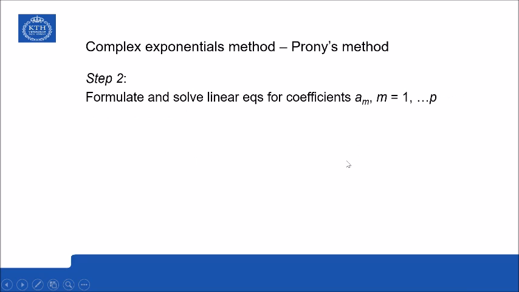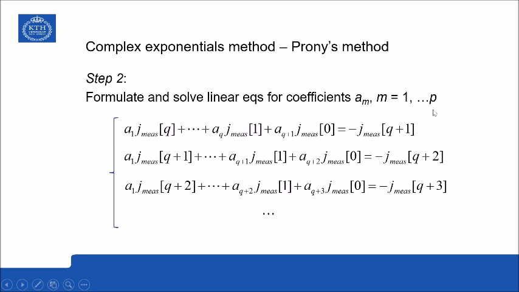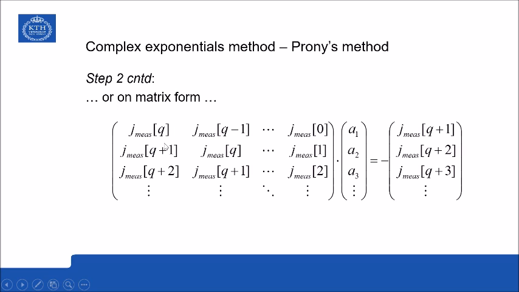Next step is to formulate and solve the linear system of equations for our am coefficients, where we now have m from 1 up to p. So we formulate the equations and solve for the coefficients. In matrix form, we have a system matrix with known measured impulse response sequences, and the right-hand side vector is also known from the measured impulse response function.